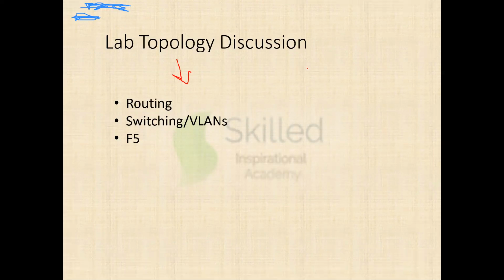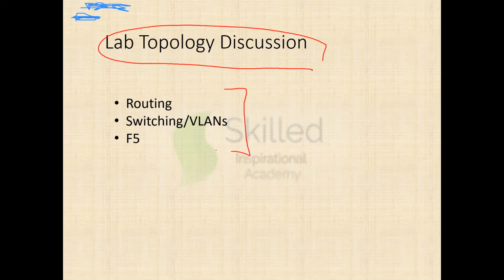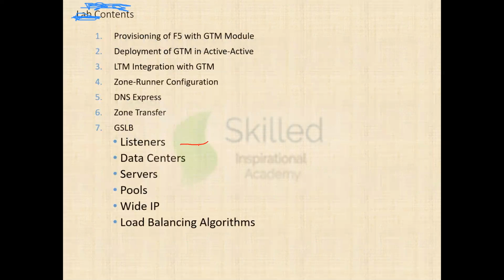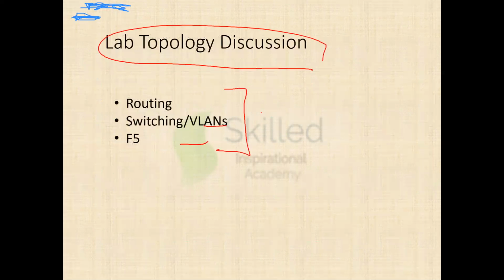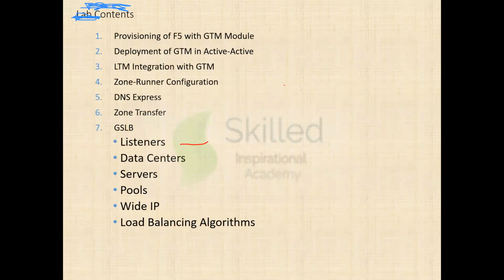So now let's discuss the GTM lab topology, like how routing and switching are configured on your lab topology. In the lab, we will see different topics like how to provision F5 with the GTM module, how to deploy GTM in active-active, and LTM integration with GTM.